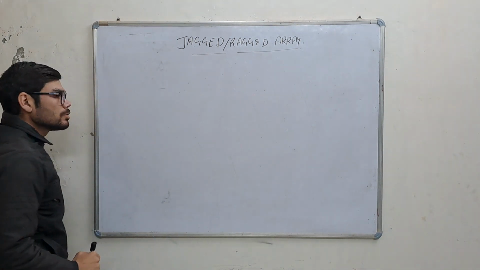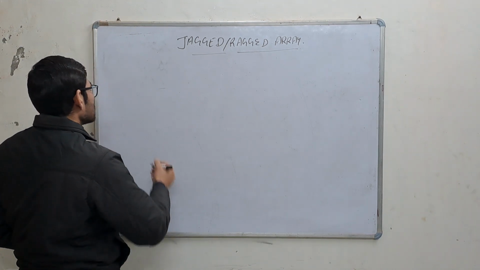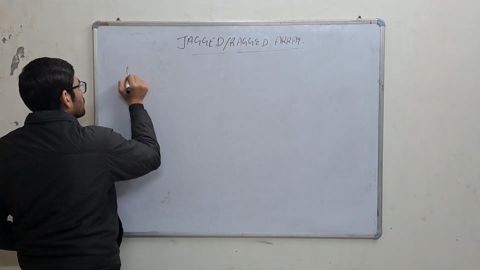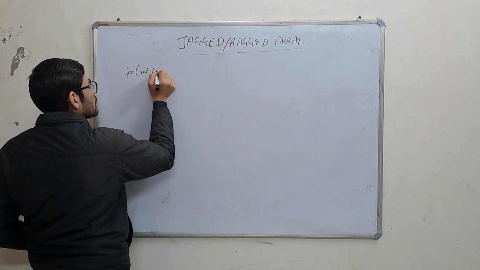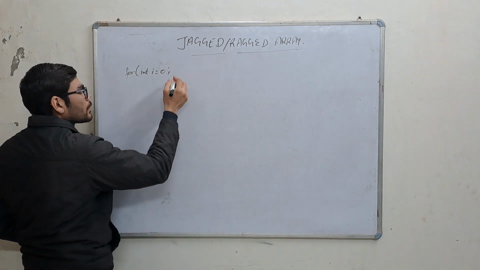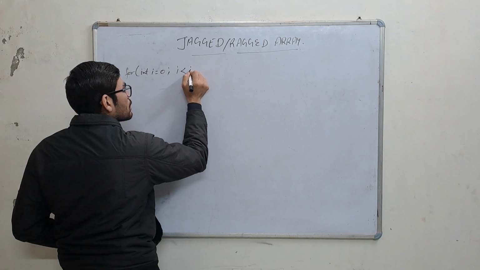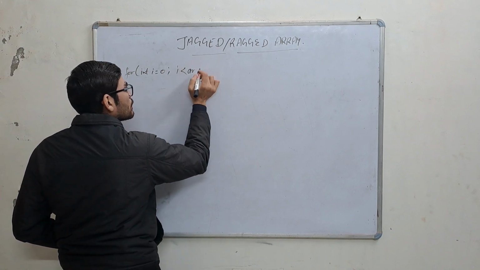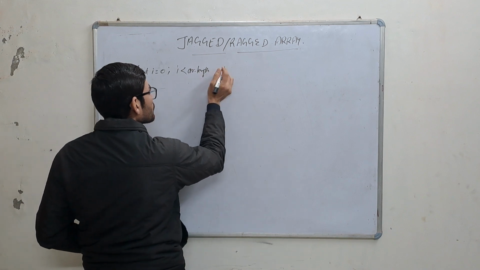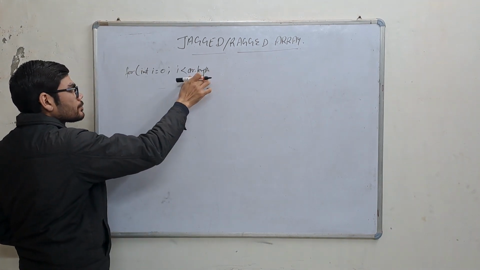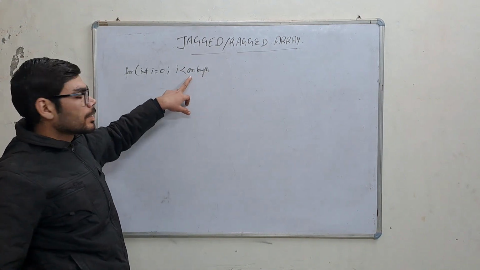So we will use the nested for loop to assign the values in it. Write for int i equals 0 and i less than AR dot length. AR is the array.